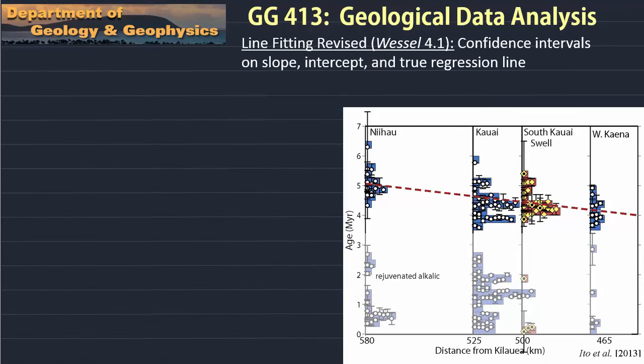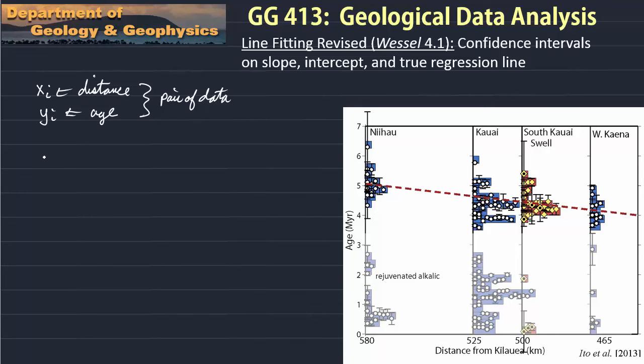So let's begin to formalize our problem here. And our data are x, this is distance from Kilauea, and y, which is our age. And again, this is our pair of data that we collect for each rock that we date, and in this case we have lots of rocks and lots of data pairs.